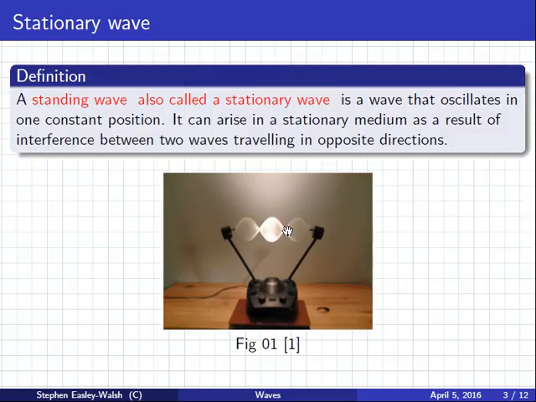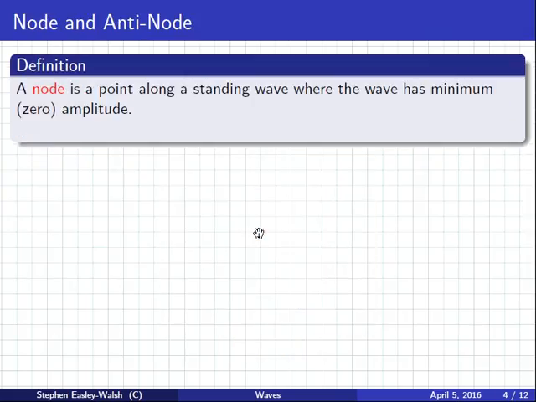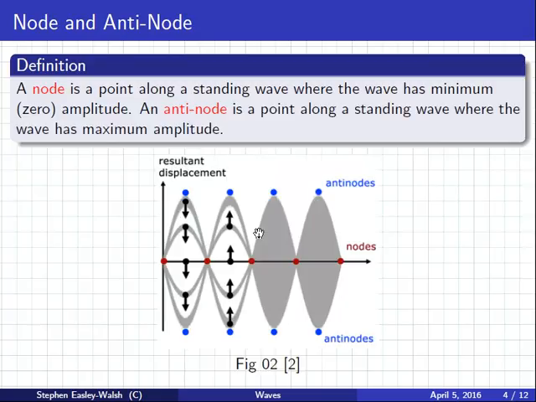So these ones are called nodes. It's where there's minimum vibration. And antinodes, maximum. So here, node. In blue, on the top and bottom are the antinodes. Please write and draw this.